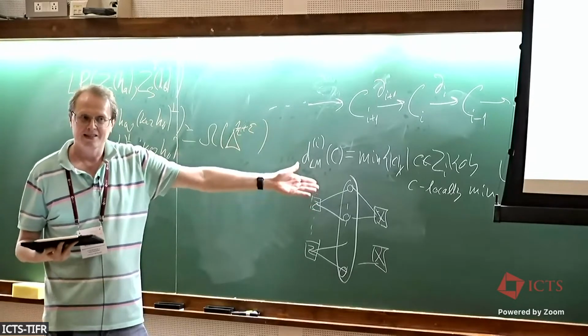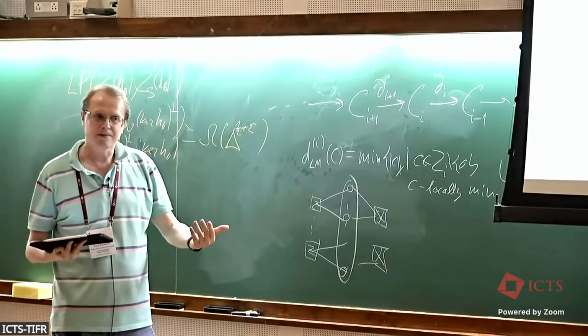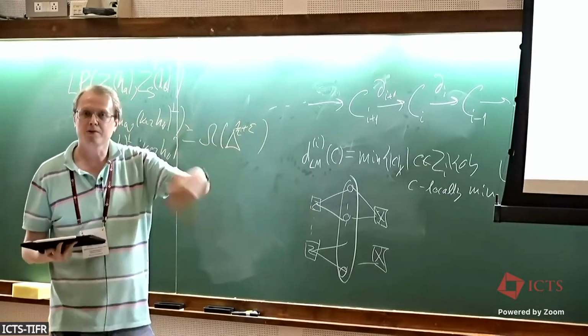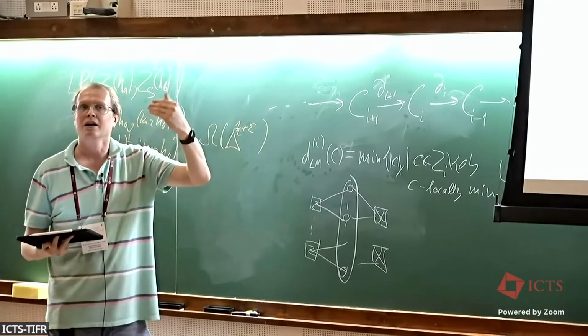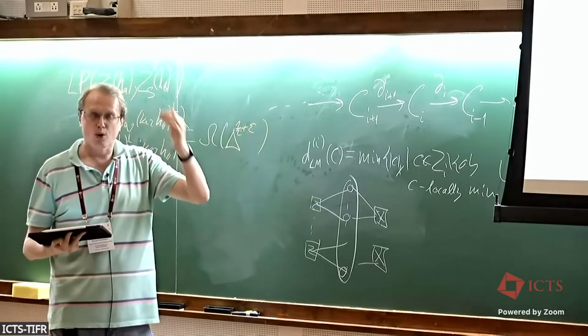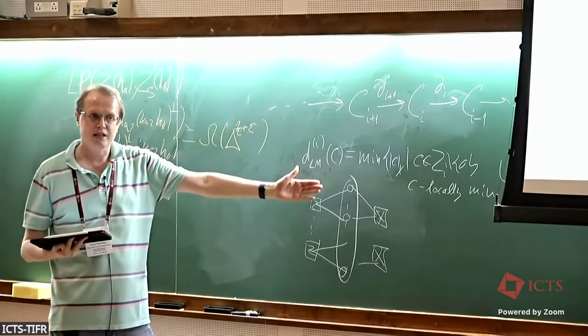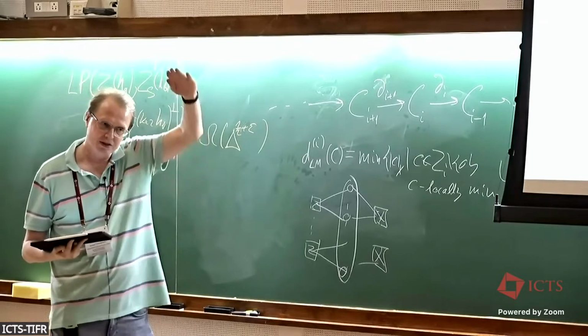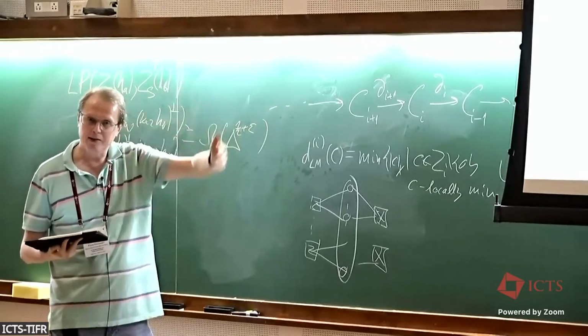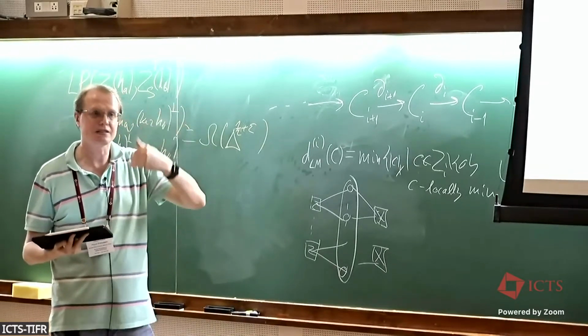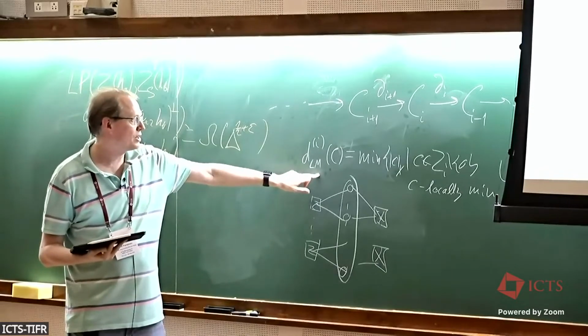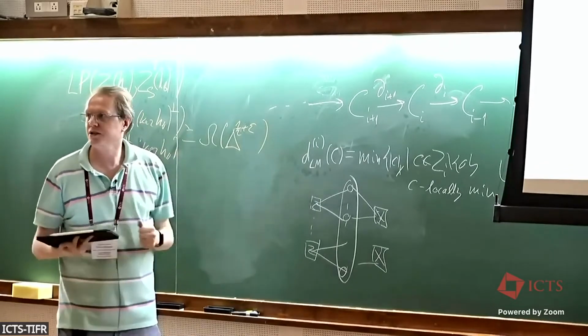So it means that any non-trivial code word of these QLDPC codes can be reduced somewhat using this local procedure, by removing these boundaries, but it cannot be smaller. So its original weight cannot be smaller than this one.